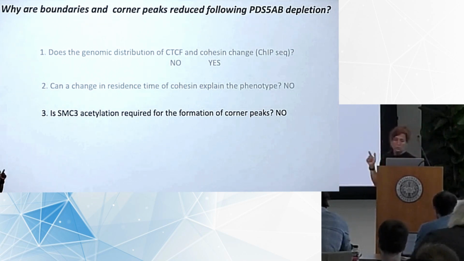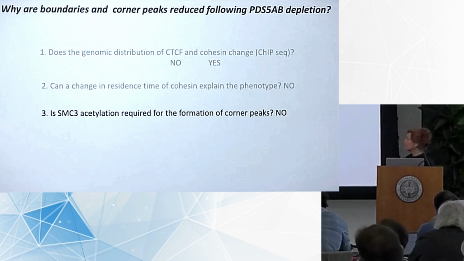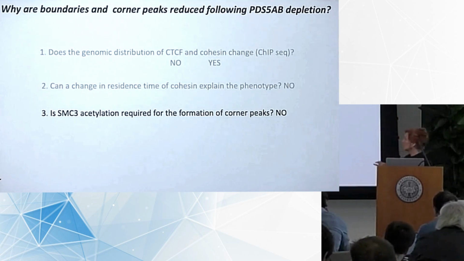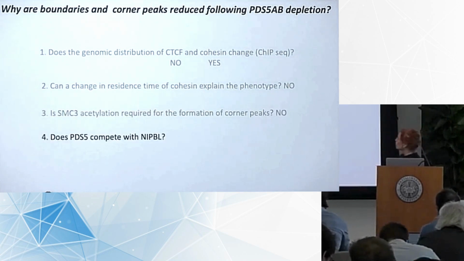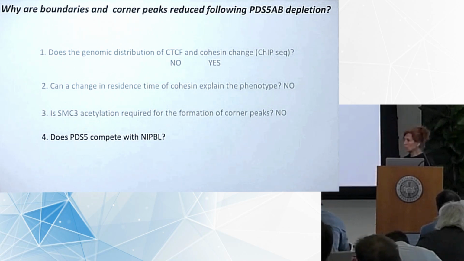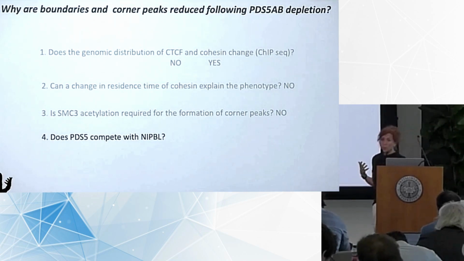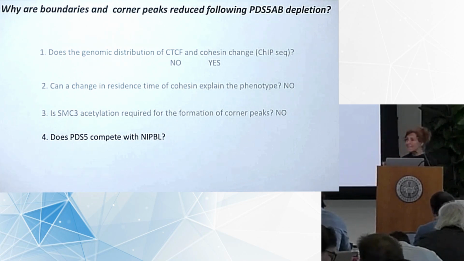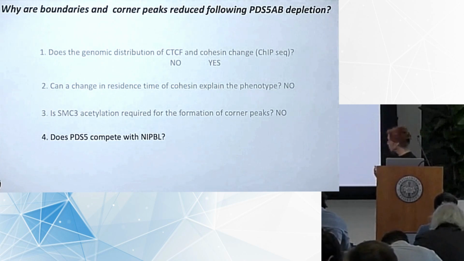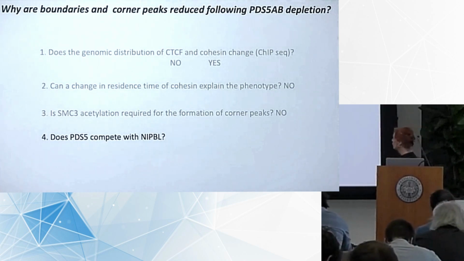So what could be another property of cohesin that enables cohesin to bypass CTCF? We wanted to ask if there is a composition of cohesin that might contain more NIPBL, because in that case cohesin would be more processive, since NIPBL is important for loop extrusion by cohesin.